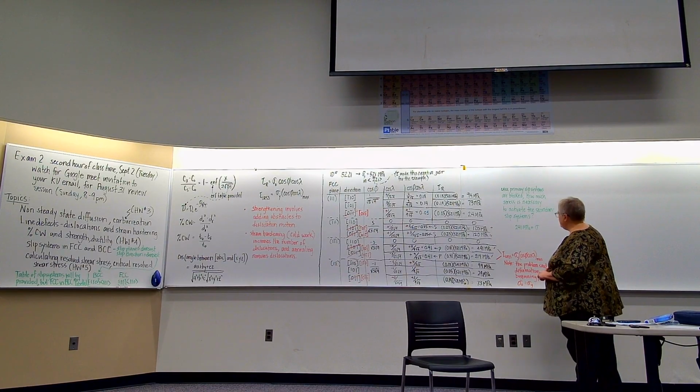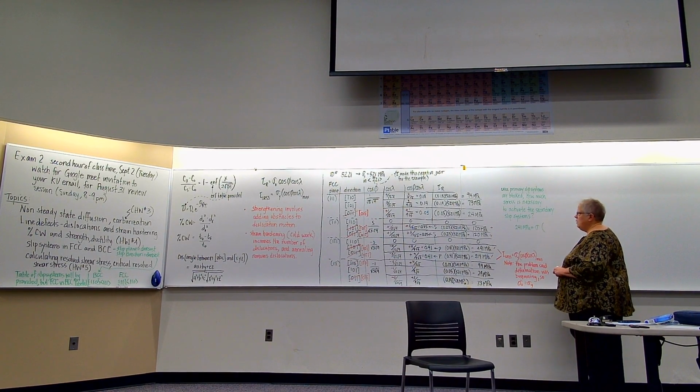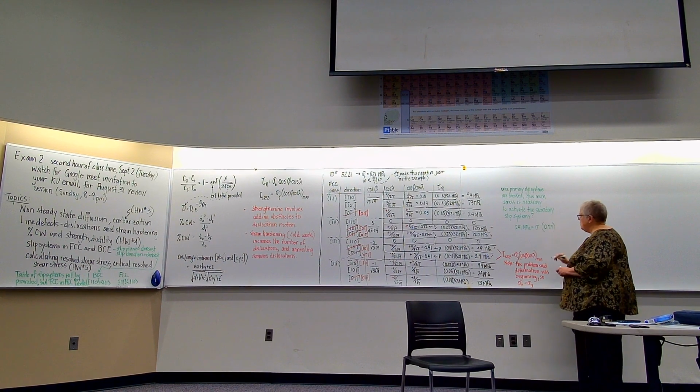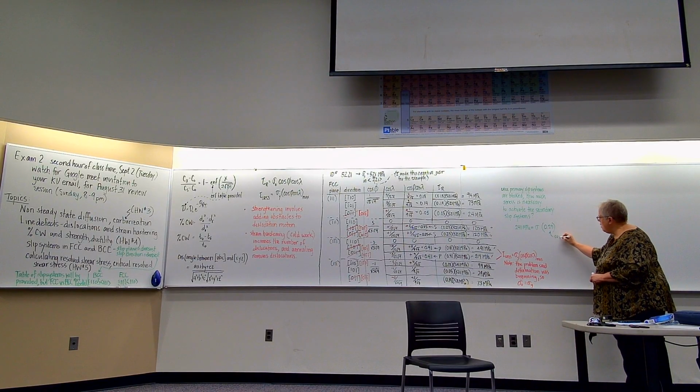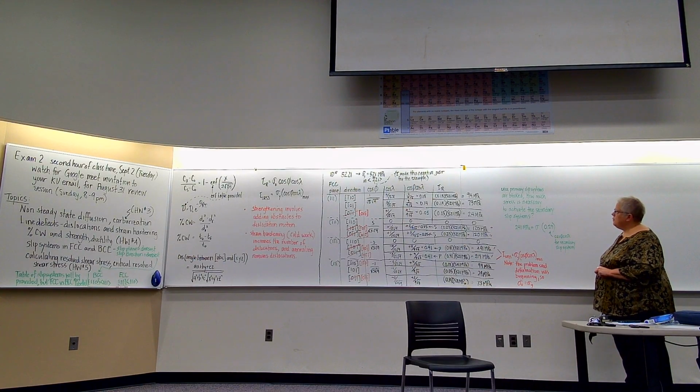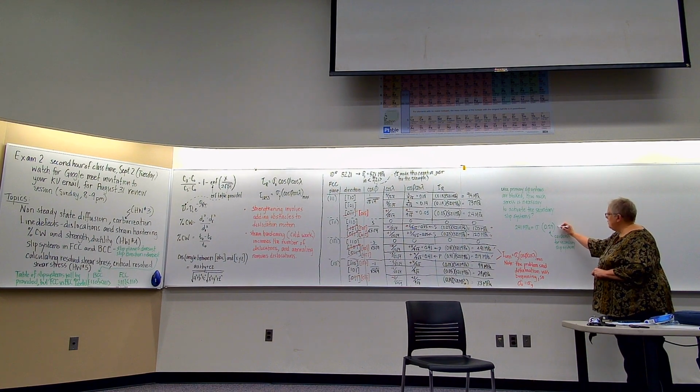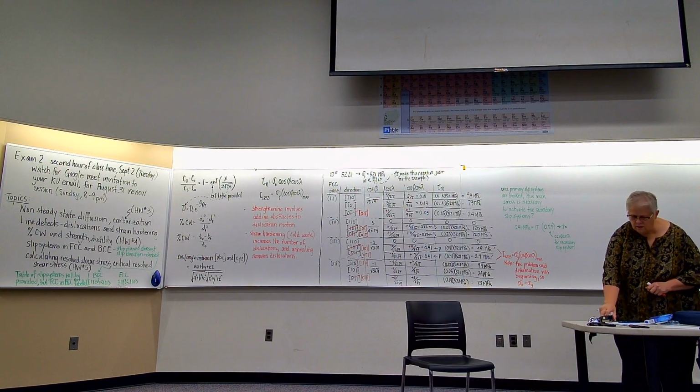It's equal to whatever this new stress is times the secondary cosine phi cosine lambda, 0.23. That stress is going to be 4 times bigger.